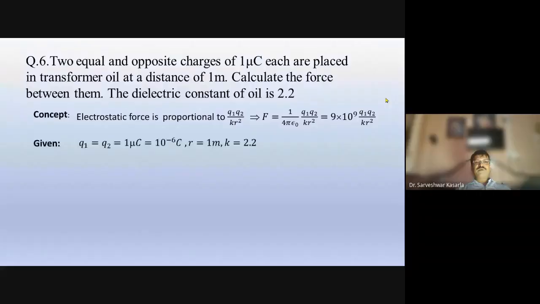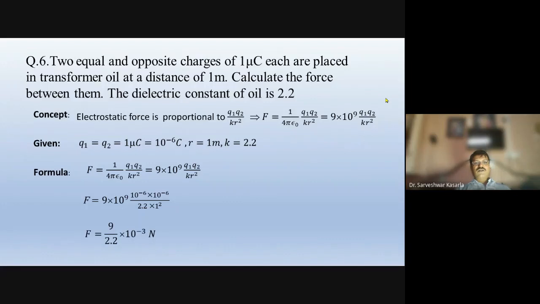The given Q1 and Q2 are 1 microcoulomb each, which is to be converted into 10 to the power minus 6 coulomb, as coulomb is the SI unit. The distance is 1 meter and k is 2.2. If you put the values and solve the powers of 10, you get the final answer 4.09 into 10 to the power minus 3.